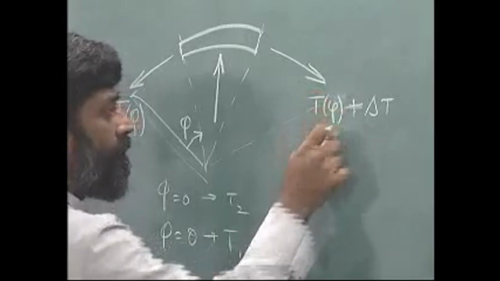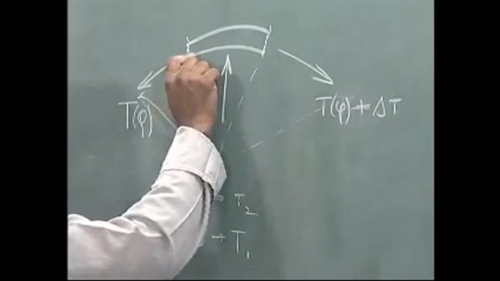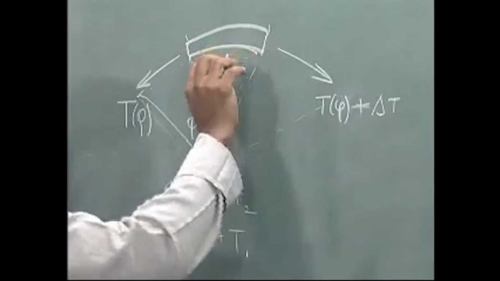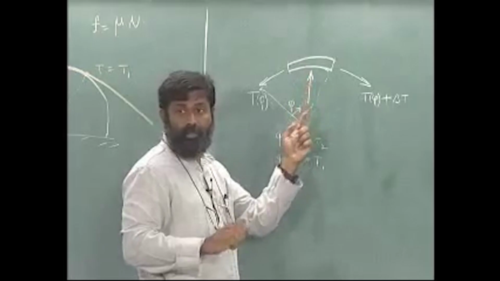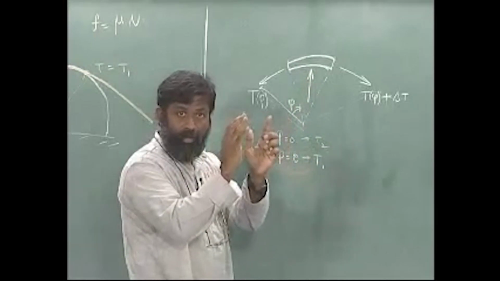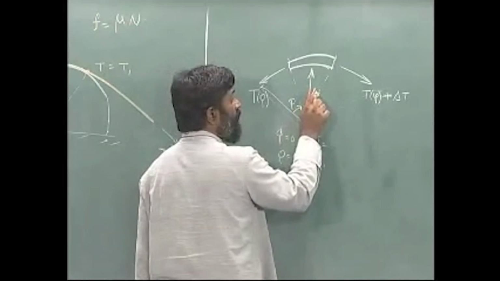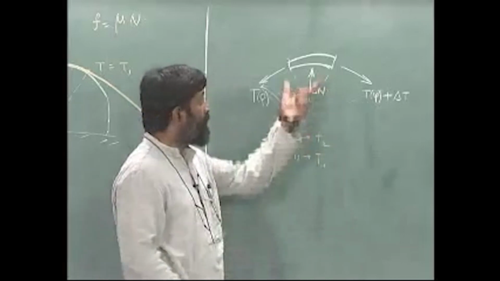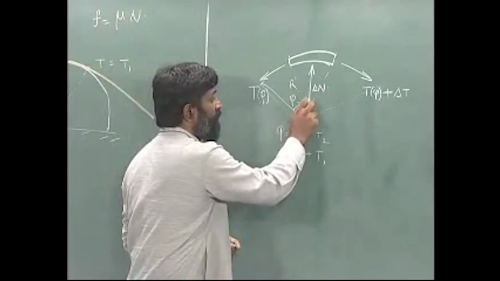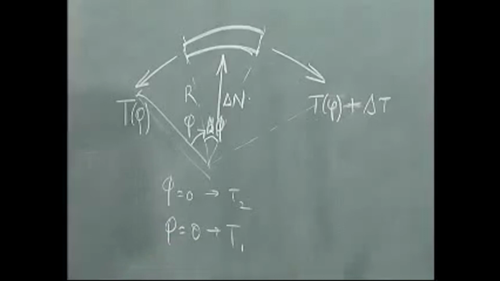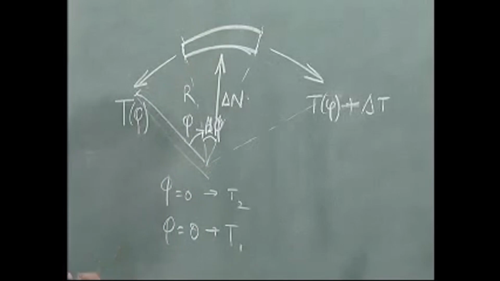The normal reaction is nothing but the pressure that is provided by the surface onto this belt, the resultant of which is shown over here. If the size becomes smaller and smaller, the normal reaction is also smaller and smaller. So let me call this delta N, okay, and this depends on r times delta phi, which is the angle that this subtends over this particular point, alright.